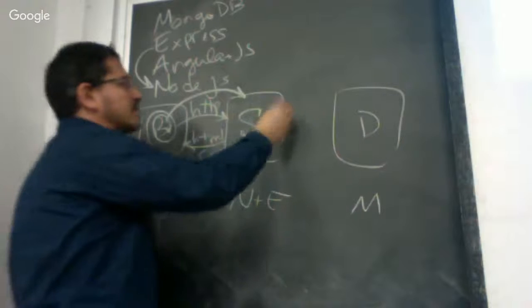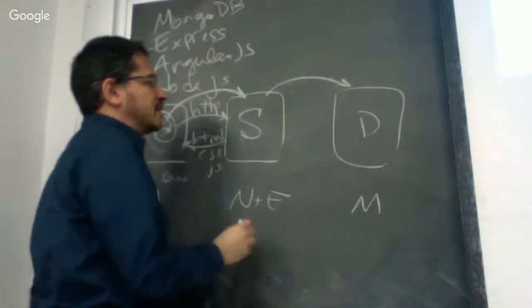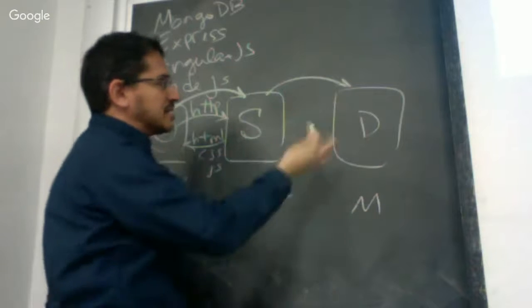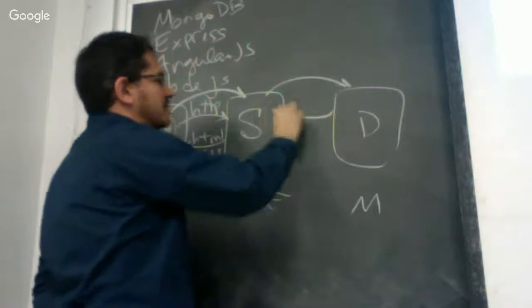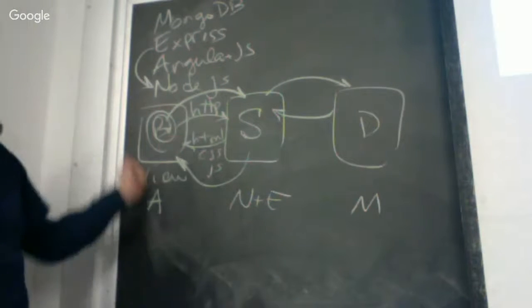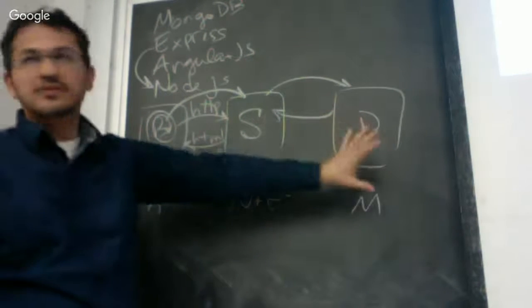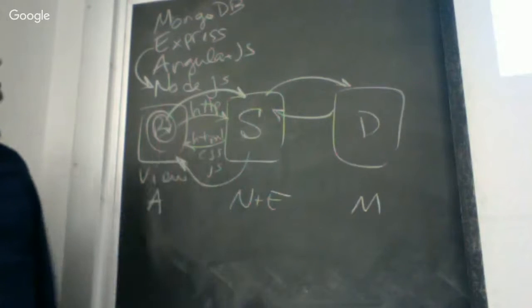The server responds by going back to the database, asking for information through queries, updates, deletes, and inserts. And the data is then responded back to Angular for updating the front end.